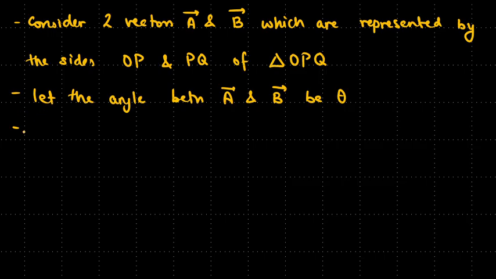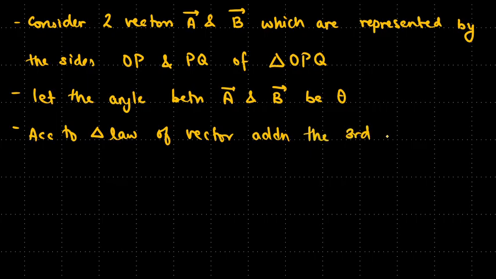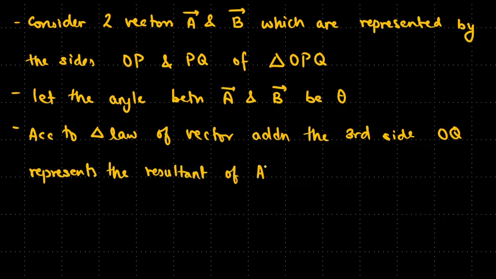Now the third one is, according to the triangle law of vector addition, the third side OQ represents the resultant of vector A and vector B, which means that if we call the resultant R, then vector R is the vector addition of vector A and vector B. So this is vector addition.